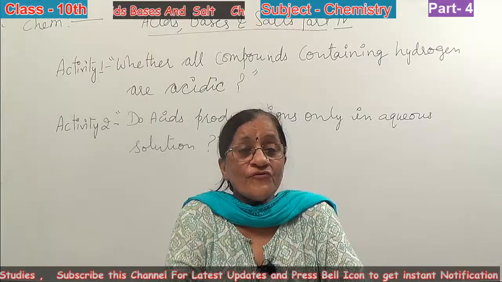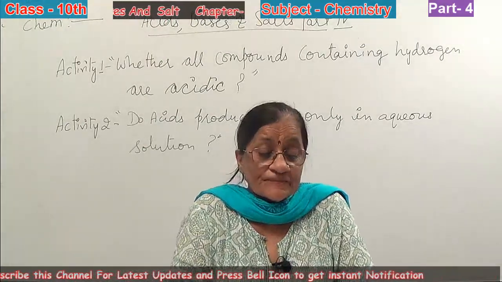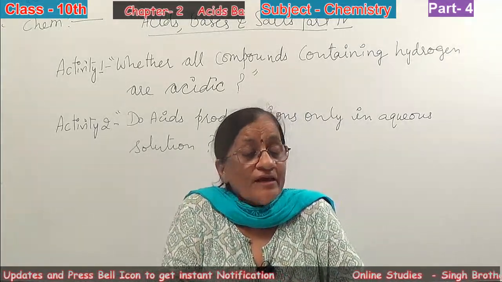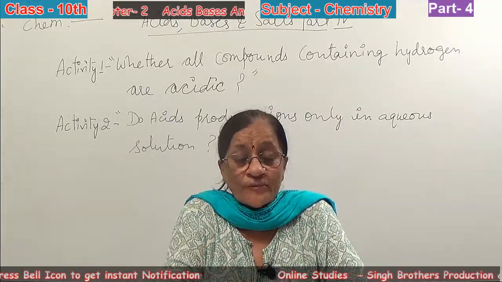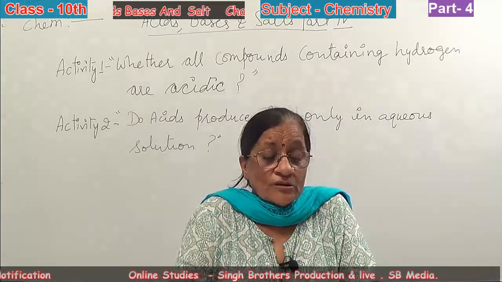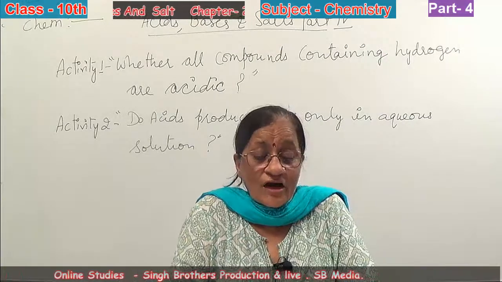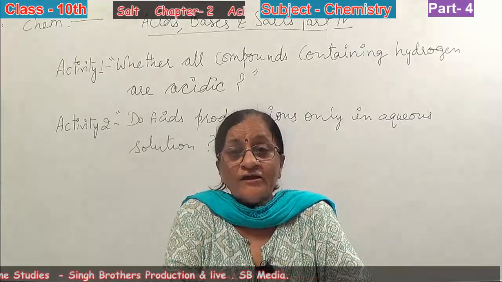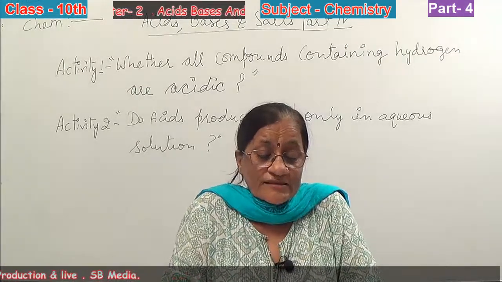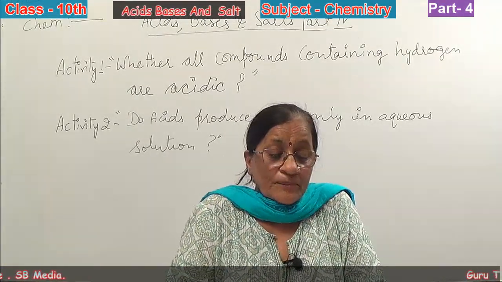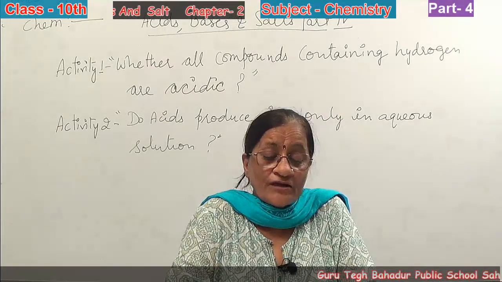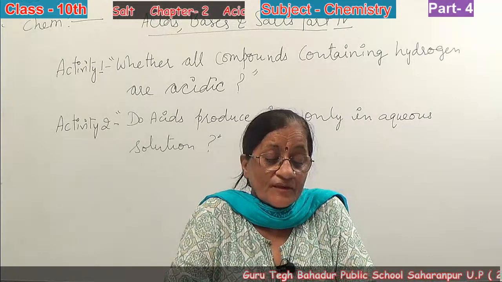Now, dilution of acids and bases. How can we make a concentrated acid or base dilute? As we know, the concentration of H positive ions in an acid and OH negative ions in a base per unit volume shows the concentration of an acid or base.